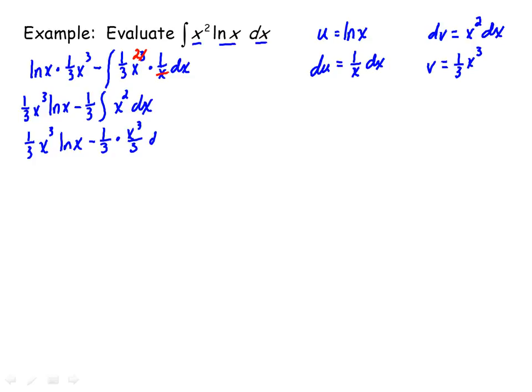Oh, plus. I would have thought it was consistent. All right, clean it up a little bit. And that's all you have to do.